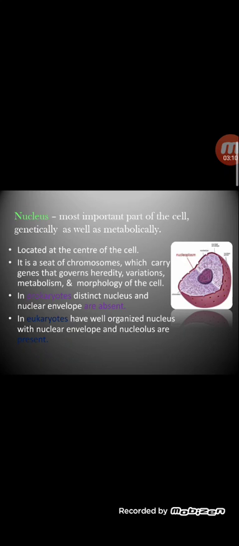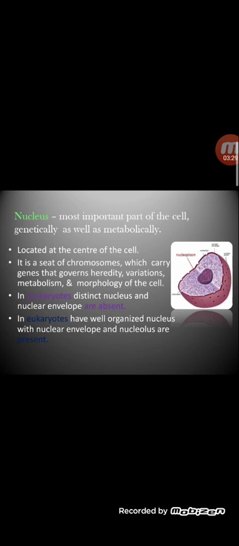So the set of chromosomes which carries genes that govern the hereditary variations, metabolism and morphology of the cells is controlled by the nucleus, that is, the chromosomes inside the nucleus.